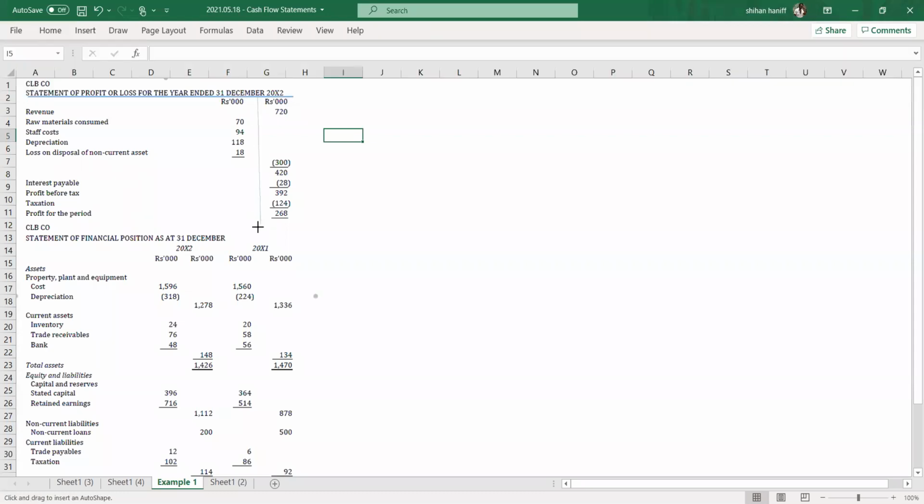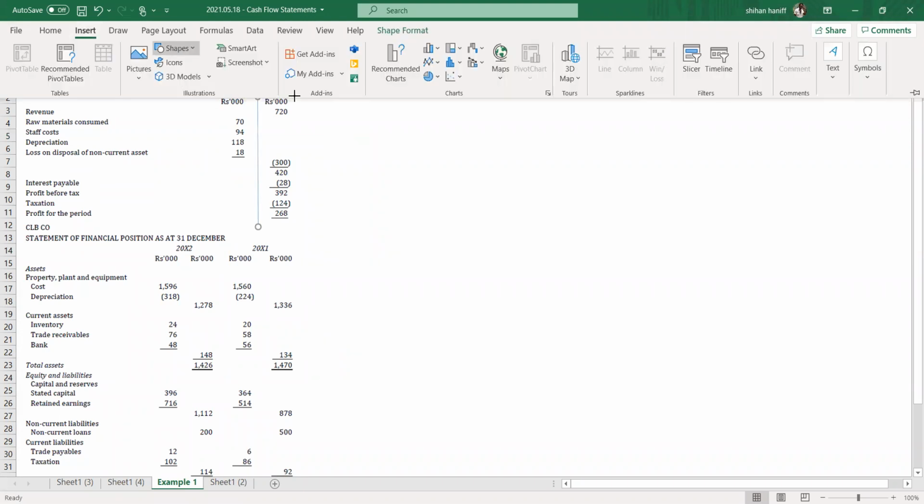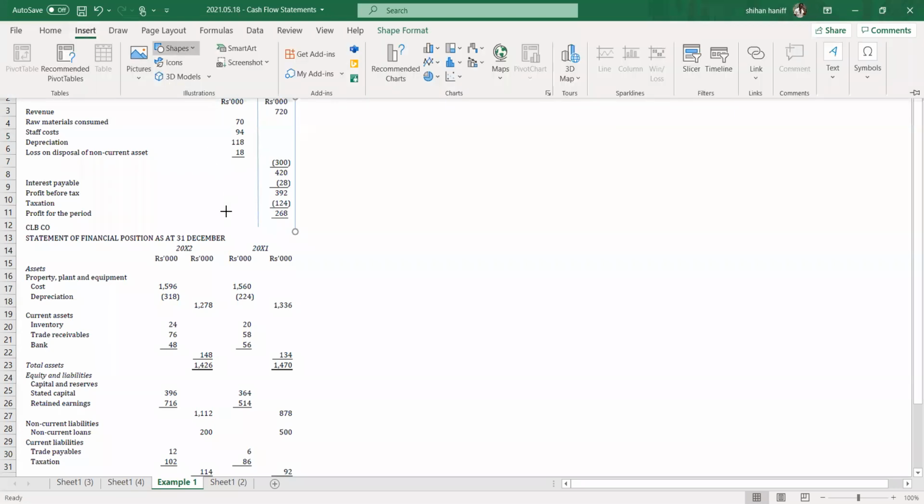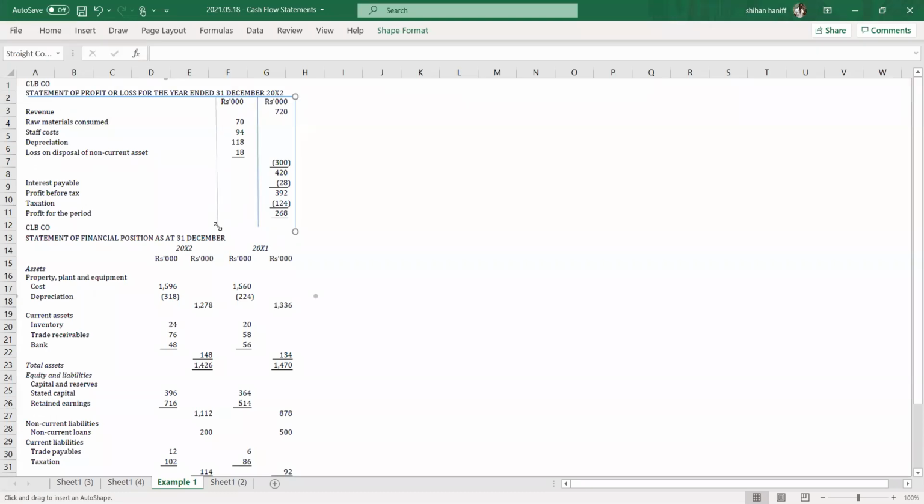And so this is our income statement. Right? Income statement.